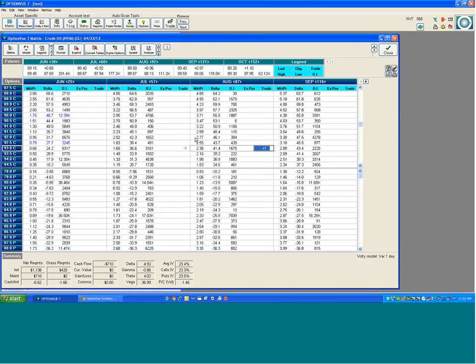I've only shown you simple calendar spreads using the same strike. As a matter of fact, if we look at, for example, a call calendar like the 96, that would be a, let's see, what do I have?